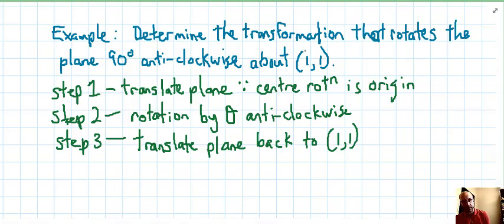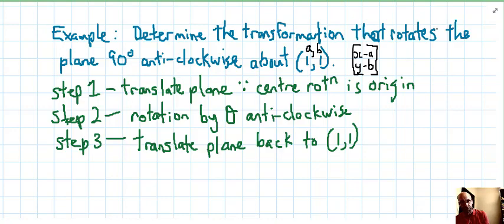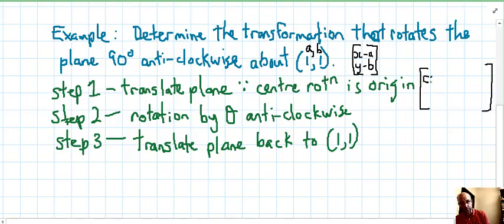Now the matrices that are applying to this, if we're going to call this point that's not the origin A comma B, we basically need to come up with a matrix that performs that. That matrix is x minus A, y minus B, arranged in a column matrix as such. So the matrix for step 2 is cos theta, sine theta, negative sine theta, cos theta.